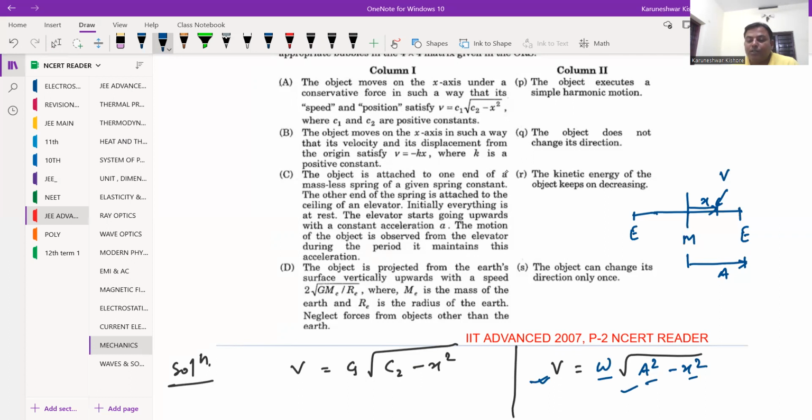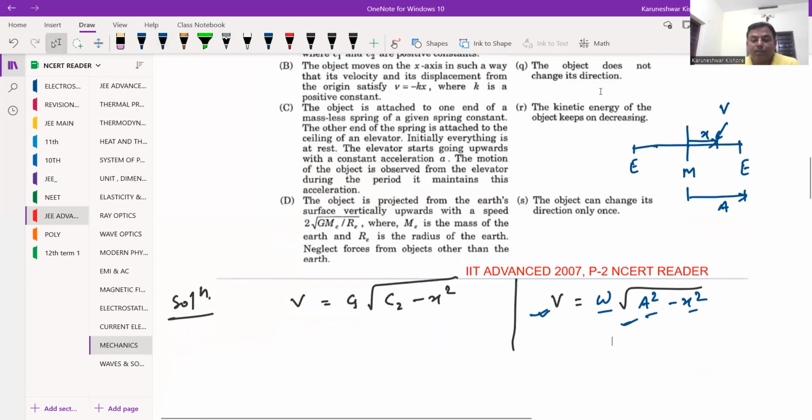So if you compare this relation with this one, we can write it this way: it is C1 and then root of C2 minus x squared. Omega compares to C1, because C1 and C2 are constants, and A squared compares to C2, with x squared being x squared.